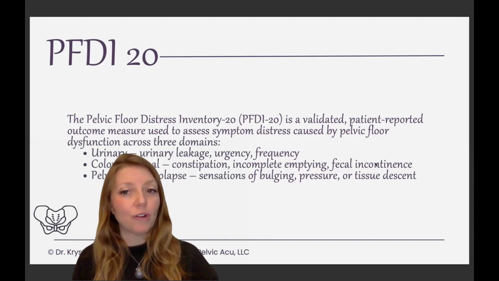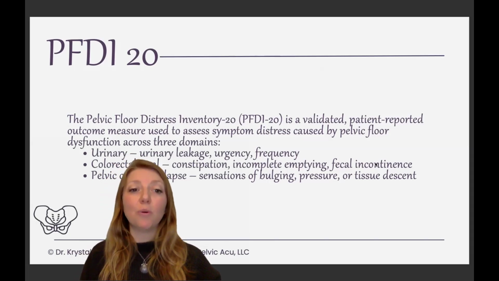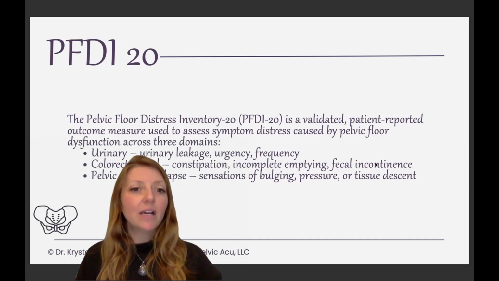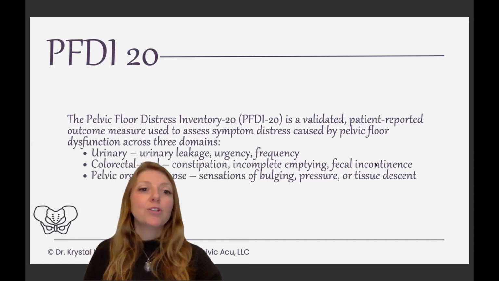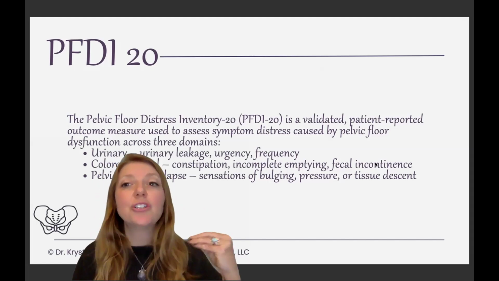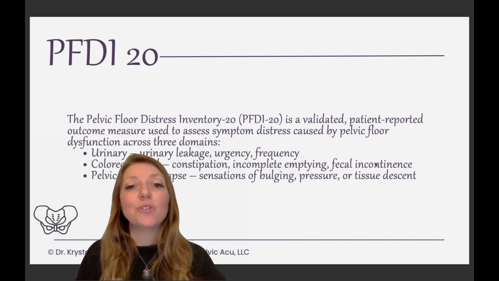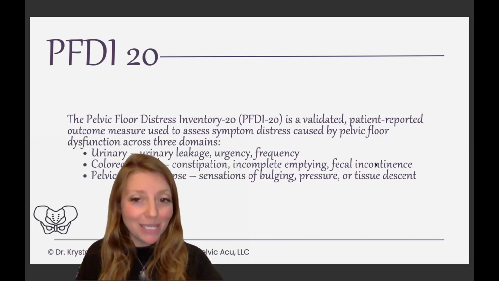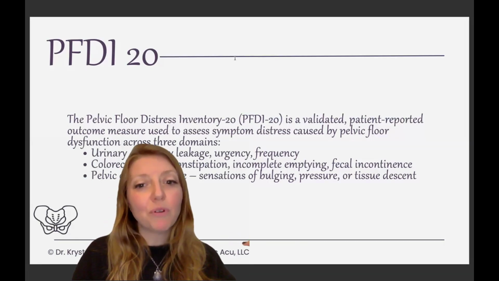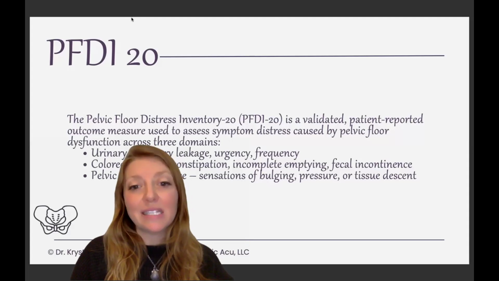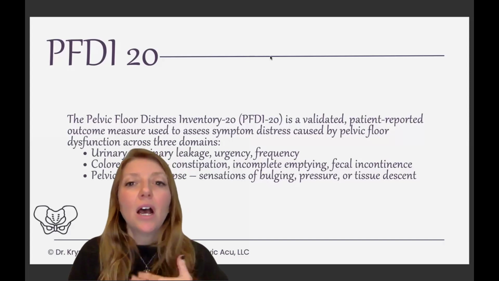So, symptom distress caused by pelvic floor dysfunction across the domains of urinary, colorectal anal, and pelvic organ prolapse. Urinary, of course, includes leakage, urgency, and frequency. Colorectal anal includes constipation, incomplete emptying, and fecal incontinence. And pelvic organ prolapse includes that sensation of bulging, pressure, or tissue descent.